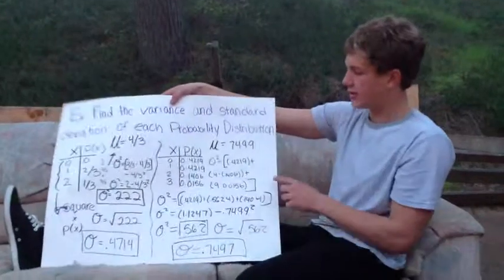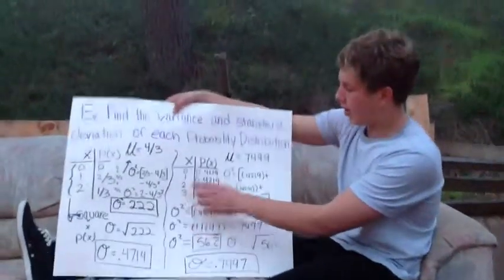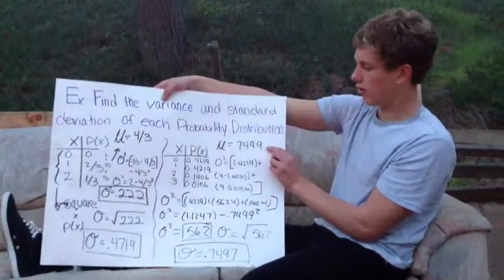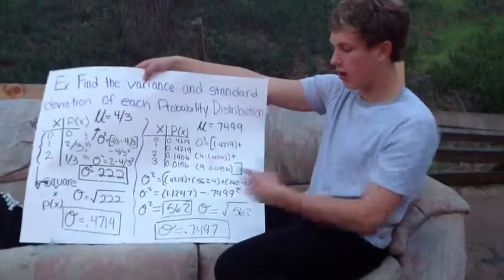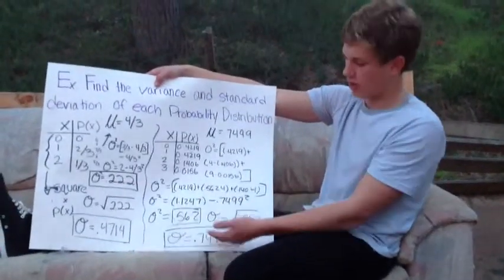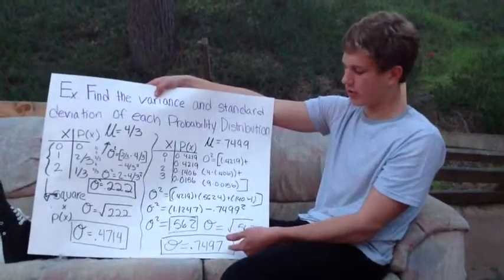Over on this side, I did basically the same thing. I first found the mean, then plugged it in, subtracted the mean squared, found my variance, put it under the standard deviation formula, and got my standard deviation.